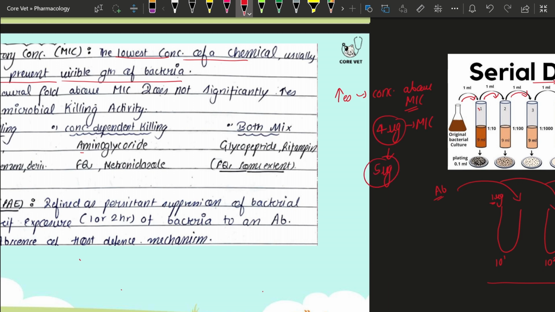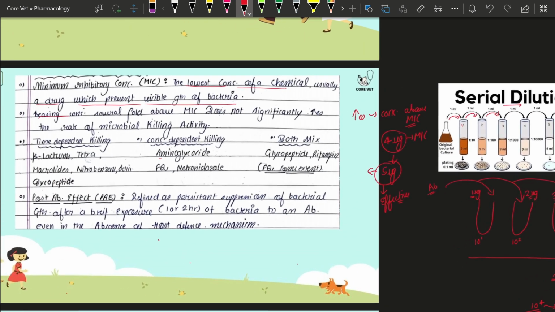It's not necessary that if we give 5 microgram of that drug to the susceptible bacteria, it will always show a more effective response toward that organism. You should remember that even increasing the concentration several fold above the MIC does not significantly increase the rate of microbial killing.